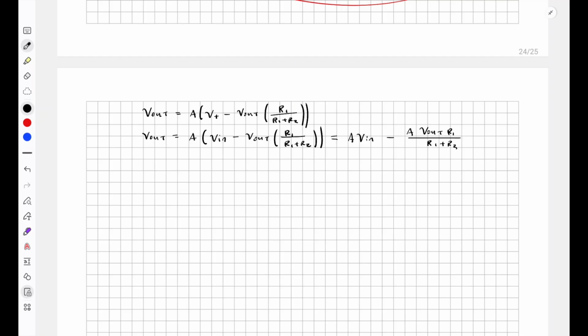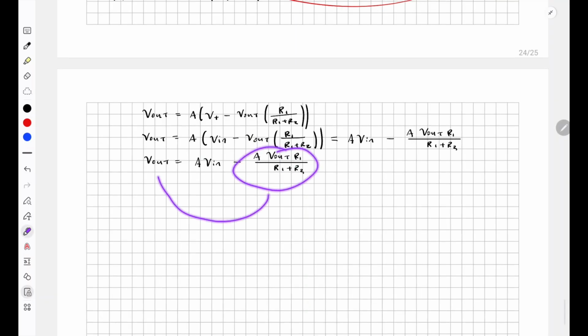So the first step is, let me write it more clearly. V out is equal to the expression here. Now let's move this term to the left side. So it becomes V out plus A times V out times R1 divided by R1 plus R2, equal to A times V in.